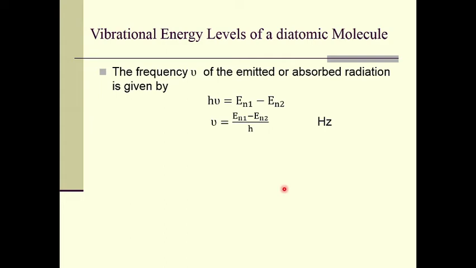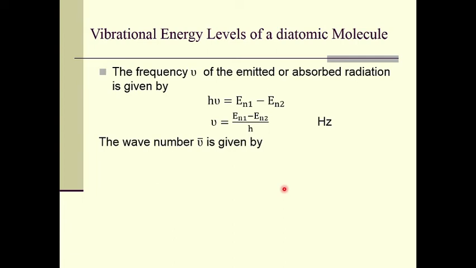That means from two energy levels we can easily calculate the frequency nu, right? But usually when we calculate the spectrum, we express these spectral terms in per centimeter unit, and there we use the wave number, right?